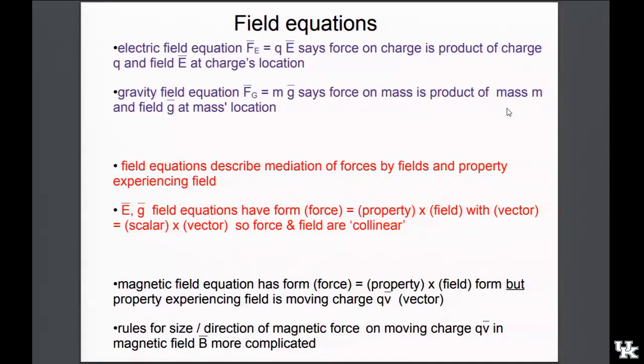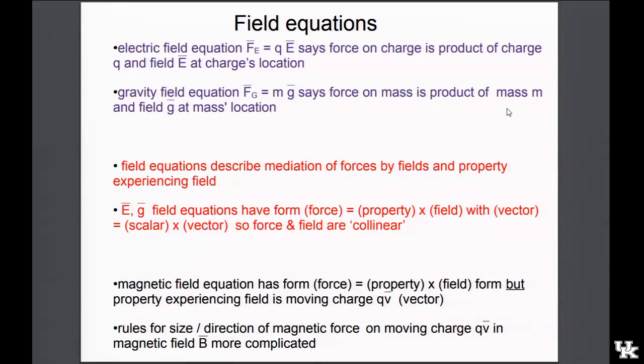And that's the equation that's telling us quantitatively exactly how fields convey forces. The gravitational version is the equation here that says if you put a mass in a gravitational field, say the Earth, then it experiences a gravitational force, and that gravitational force is equal to the product of the mass that's experiencing the force times the gravitational field that you've immersed it in, so mg.